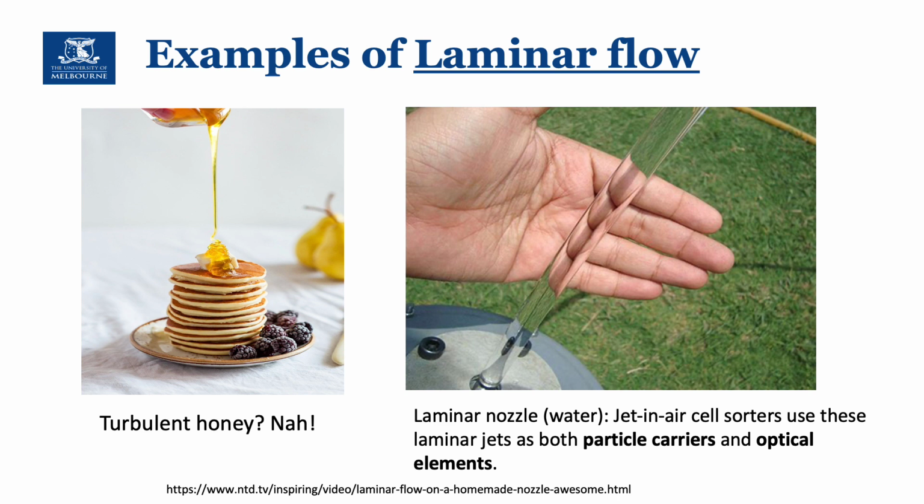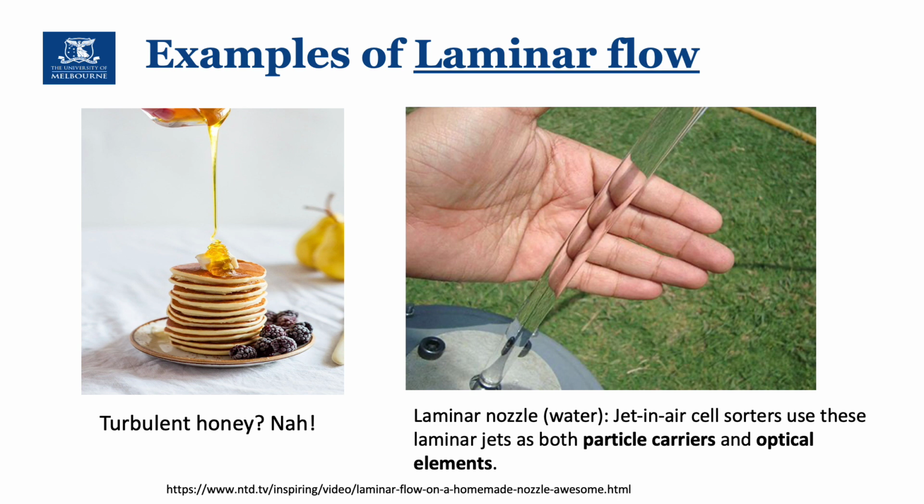So I'm giving you here 2 examples of fluids with different viscosity. You have honey, you have water, and you can see that both liquids can, in the examples that I'm showing you here, run in a way that seems to suggest laminar flow. In the case of honey, because of the viscosity. In the case of water, because of the design of an engine that will produce laminar jets.